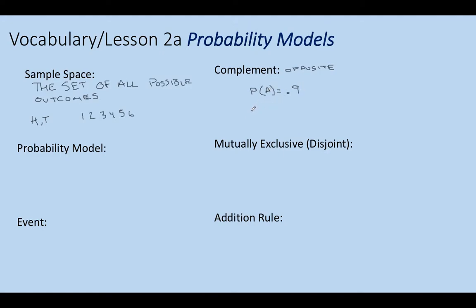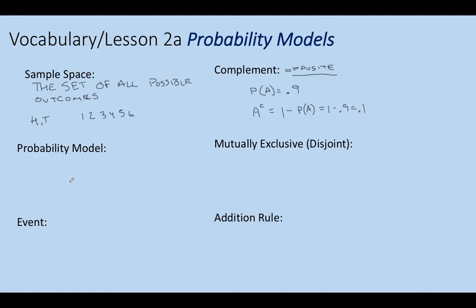Well, the complement of A, so we would say A complement, would simply be 1 minus the probability of A. It's basically saying, what is the probability that A doesn't happen? Hence the opposite. And so 1 minus the probability of A, in this case, would be 1 minus 0.9, which would be 0.1. So if there's a 90% chance that it happens, there's a 10% chance that it won't happen.